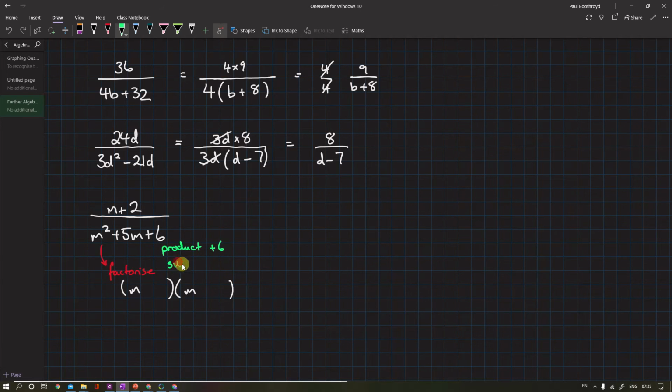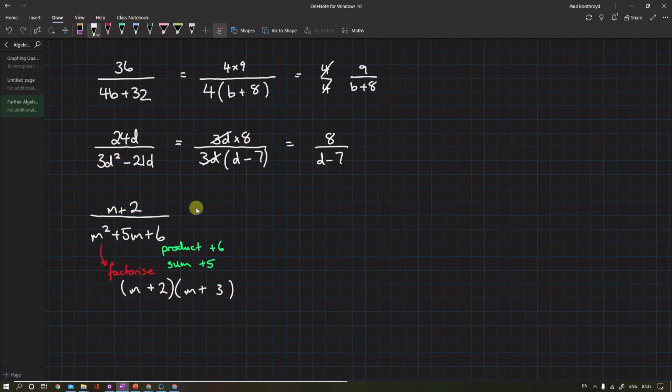So now the product is going to be 2 and 3. Because they're both positive, they must be the same sign. The sum is positive, so they're both positive. We've got those in the denominator.